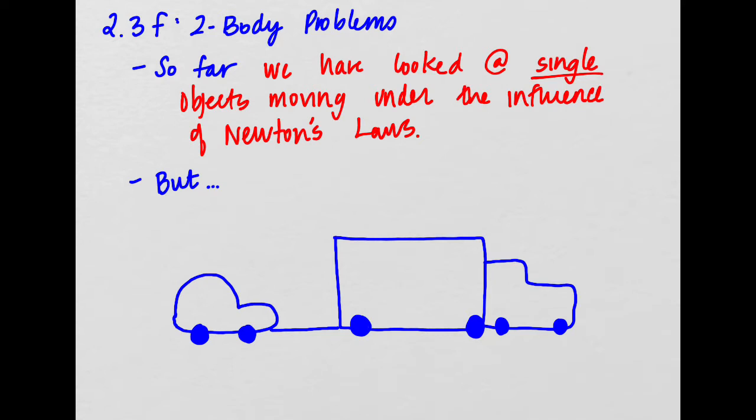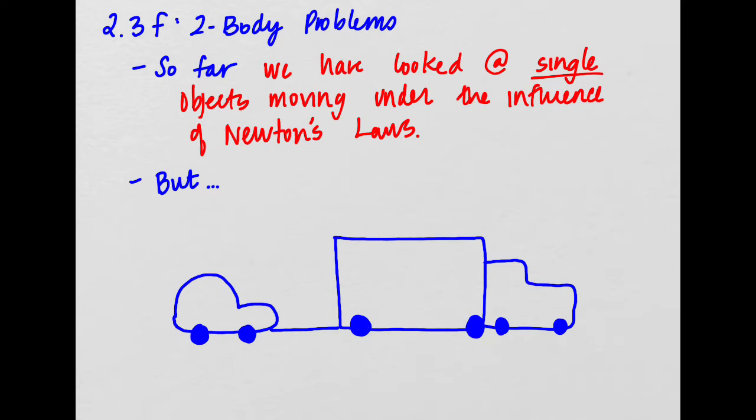Our system up to this point has only been one moving object that we need to determine the acceleration of, the mass of, or the force of, whatever we're looking at. But what if we have two objects connected and moving together? That's what we're going to be looking at with two-body problems.